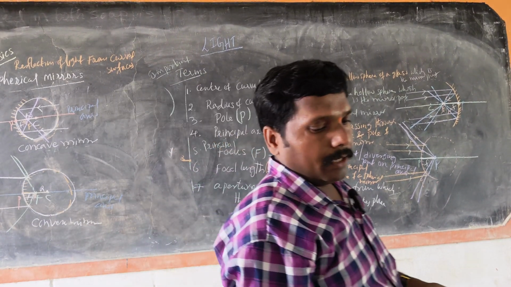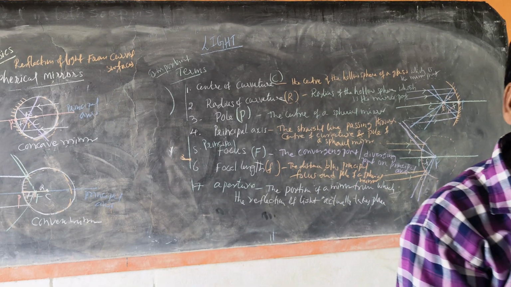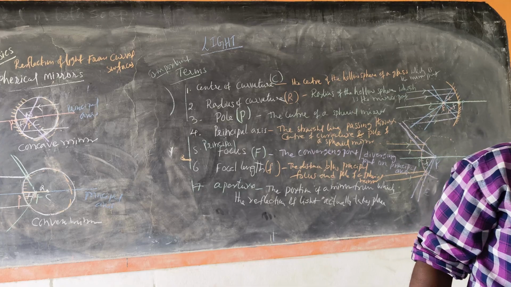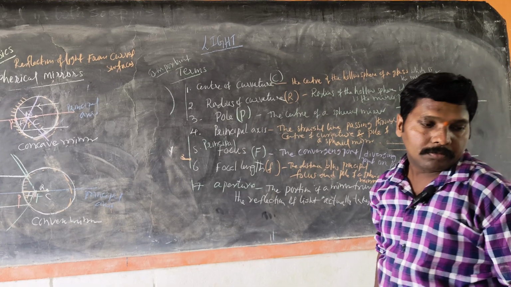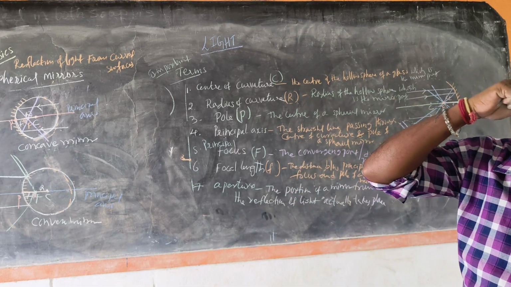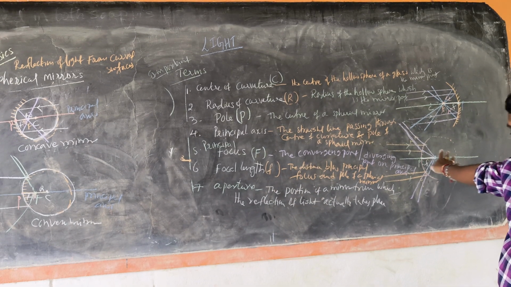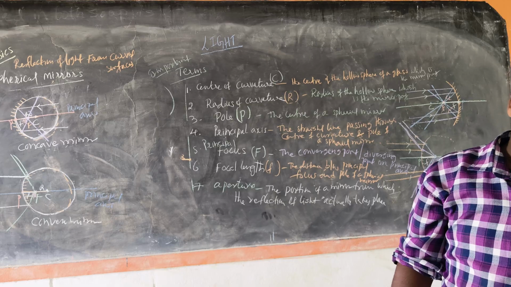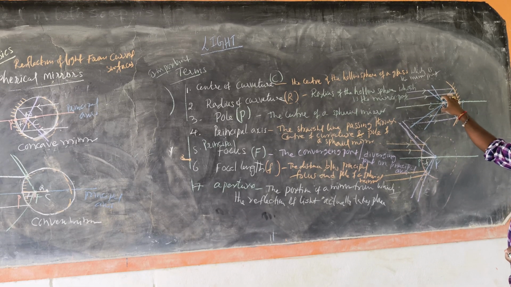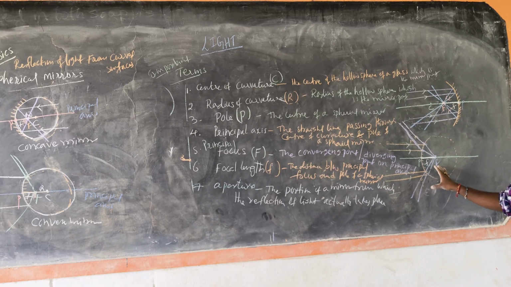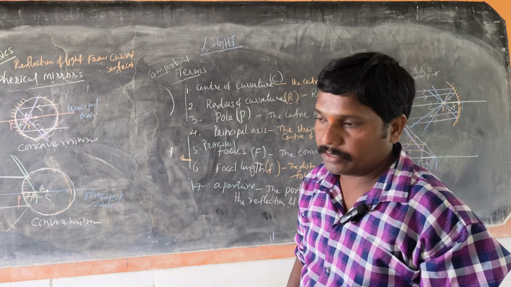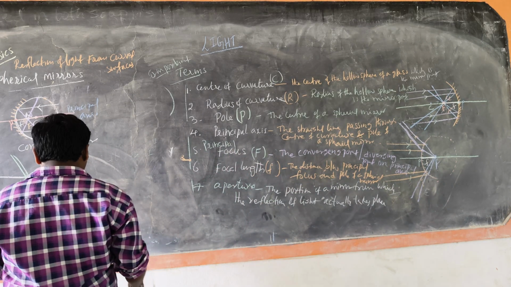The principal focus and focal length of a convex mirror we already discussed. In the case of a concave mirror, reflected rays converge. In the case of a convex mirror, reflected rays diverge.